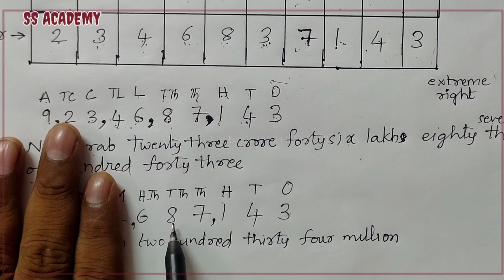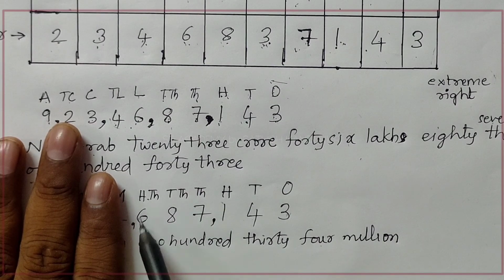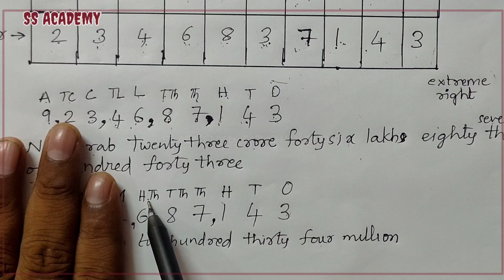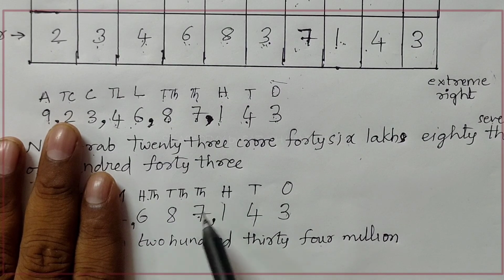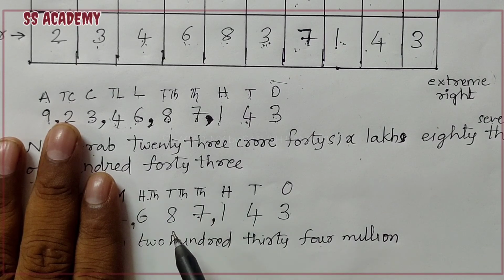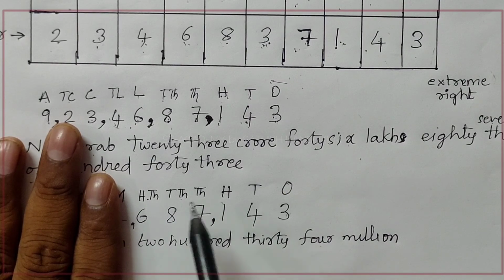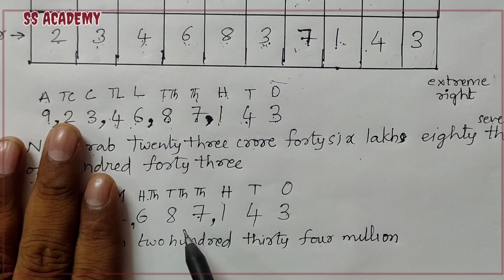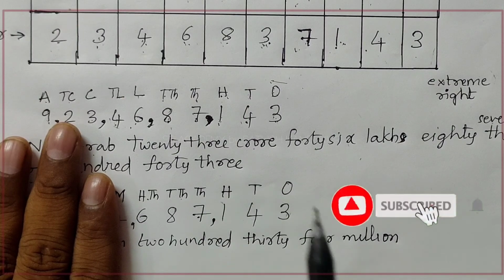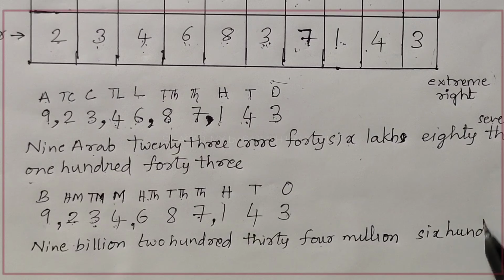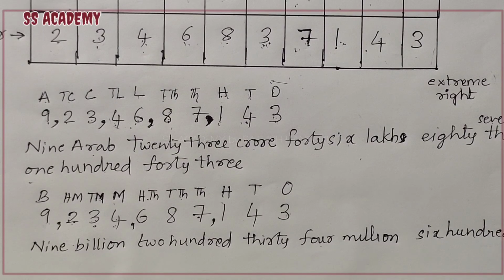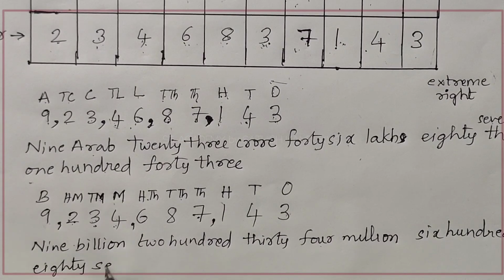That means 687. 6 is in 100,000s place, 8 in 10,000s place, 7 in thousands place. That means overall this number is in thousands category. 687 is in thousands category. So you need to write it as 687,000.